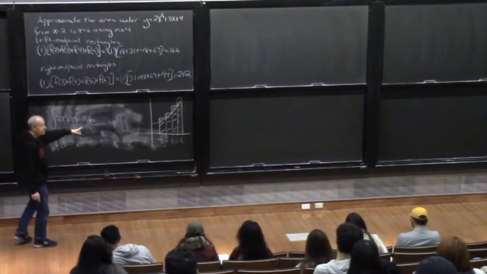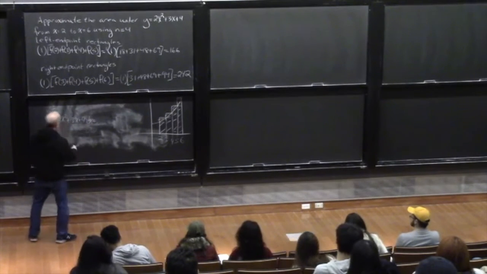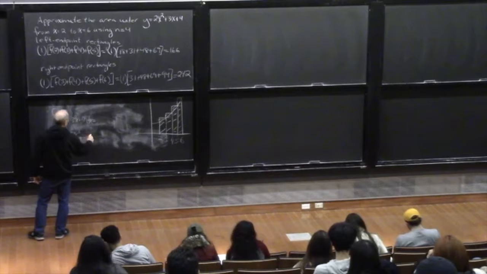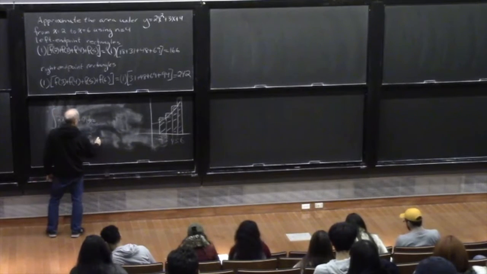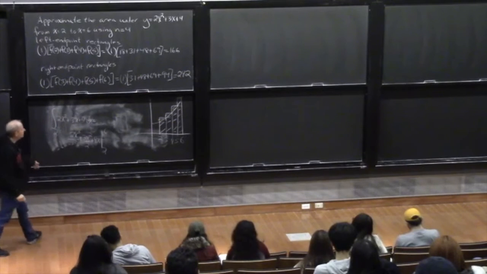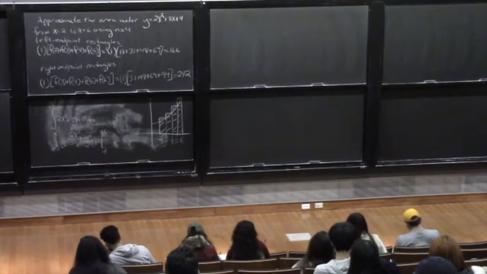So the actual area is the integral of this, which is 2x cubed over 3 plus 3x squared over 2 plus 4x, evaluated from 2 to 6. Then you plug in 6, you plug in 2, and subtract.